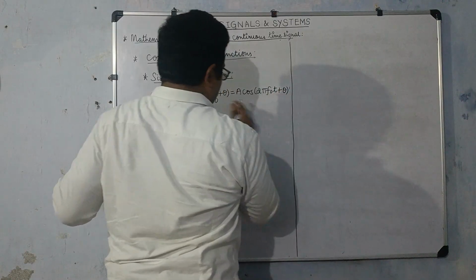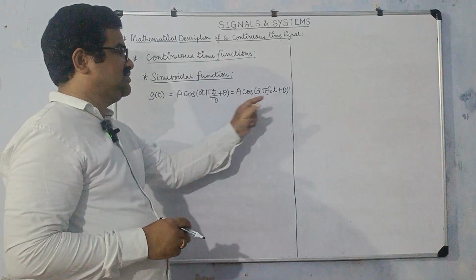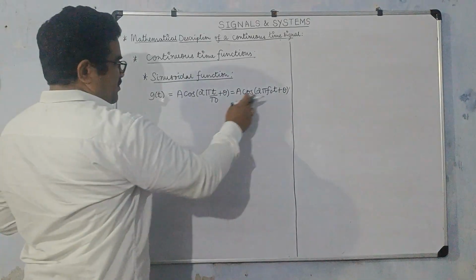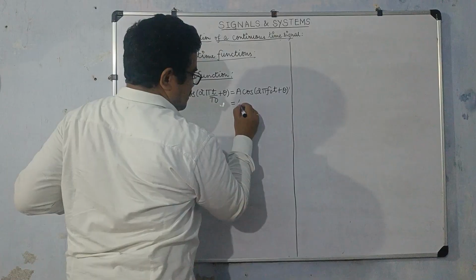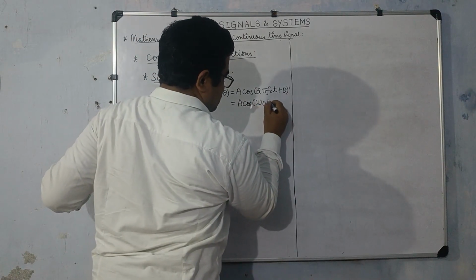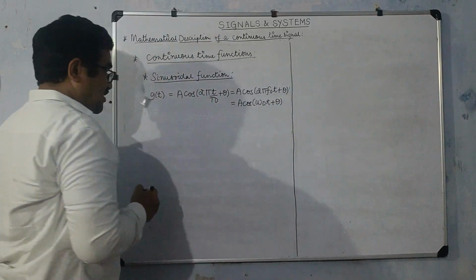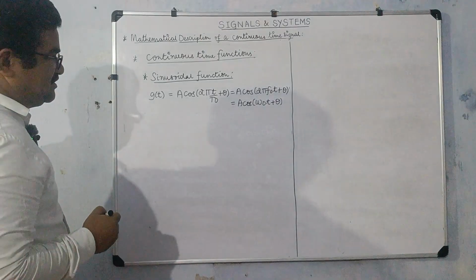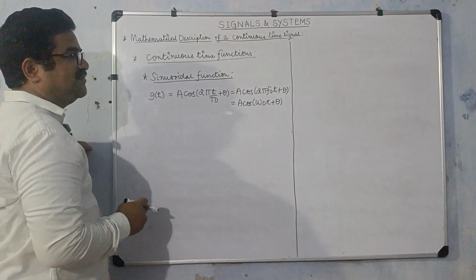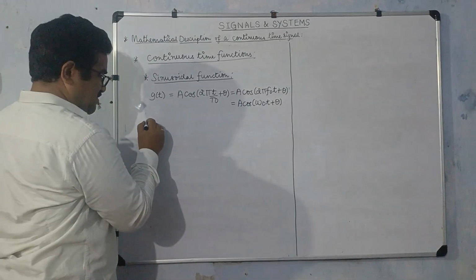Here 1 by t naught is the frequency f naught, and 2 pi f naught represents the angular frequency or radian frequency omega naught, so A cos omega naught t plus theta. Theta is the phase angle. So this is the sinusoidal function.